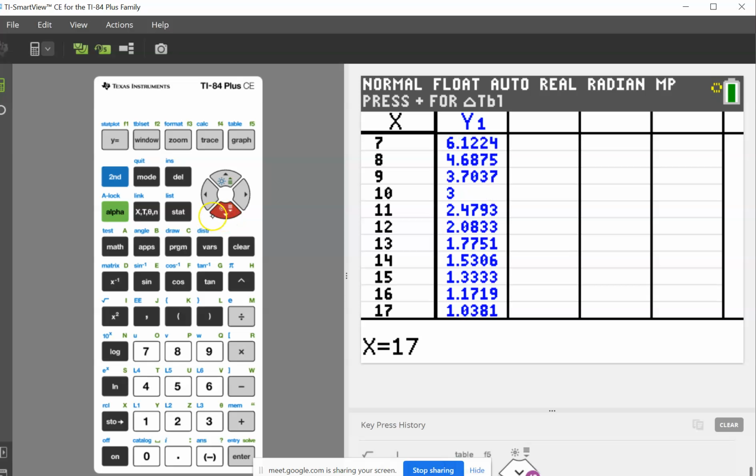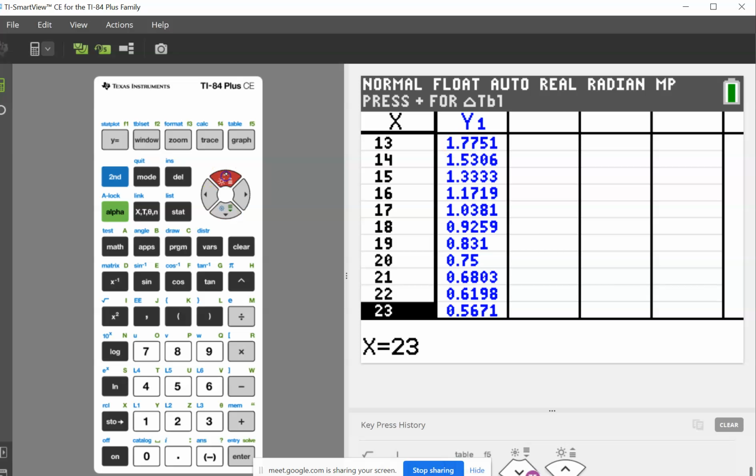Keep going, because we have to see if there's an exact 1. So there's not an exact 1. But what we're going to do is go to where 1 should be. The 1 would be between the 0.9 and the 1. So there's not a 1.